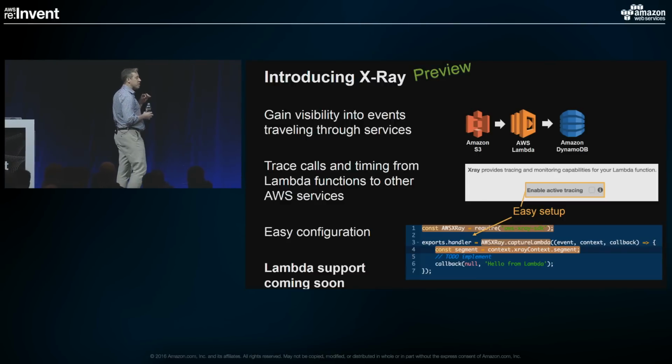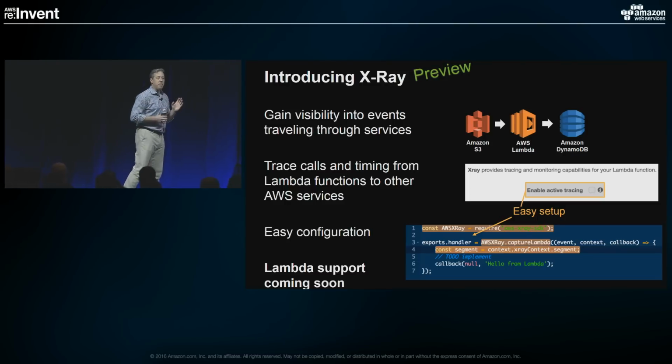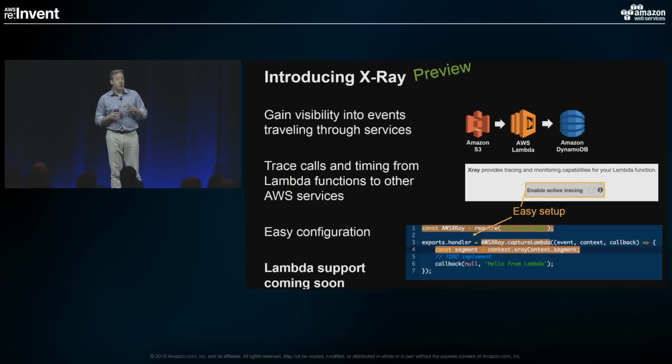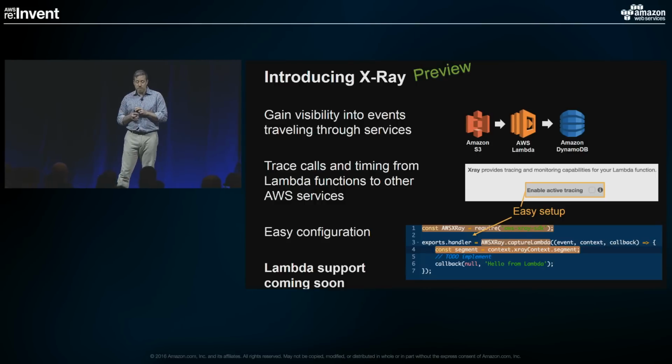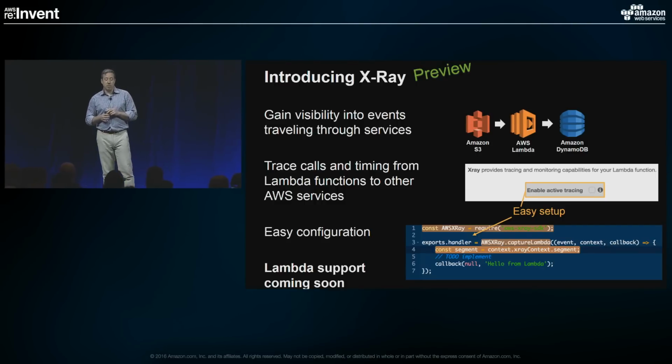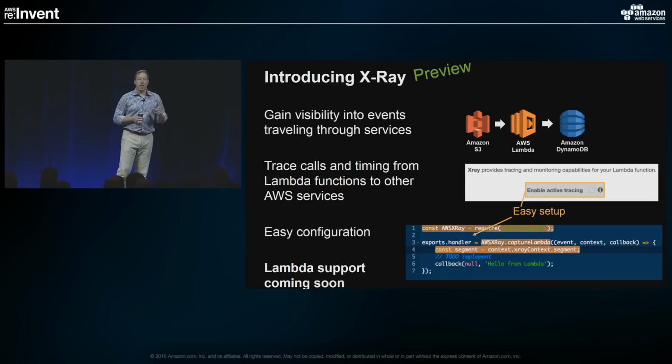You can think of it as essentially a cross-service, event-based profiling mechanism. It lets you trace calls and generate timing information from Lambda to other functions. And I've shown you here the configuration, which is super simple. With just a few lines of code either added or changed, we've been able to take this sample function and get it ready to roll with X-ray. This is the way it's going to be initially in preview.